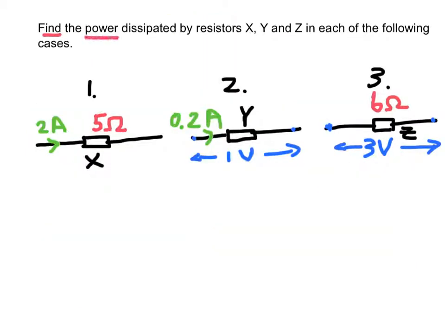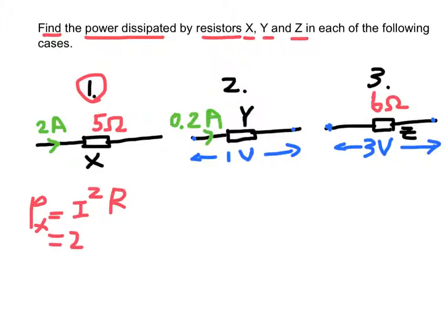Find the power dissipated by resistors X, Y, and Z in each of the following cases. For case 1, power dissipated by X equals I squared R, equals 2 squared times 5, equals 20 watts.